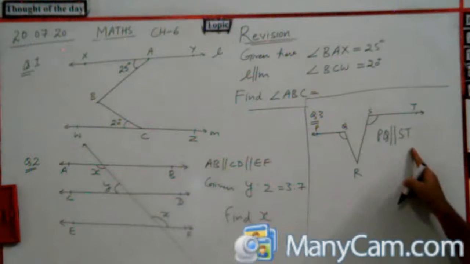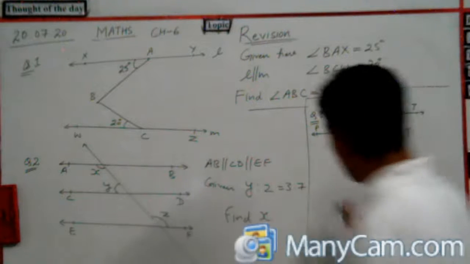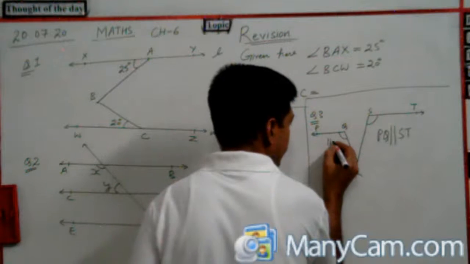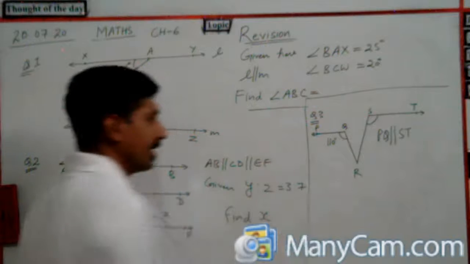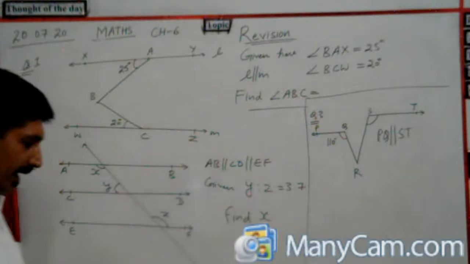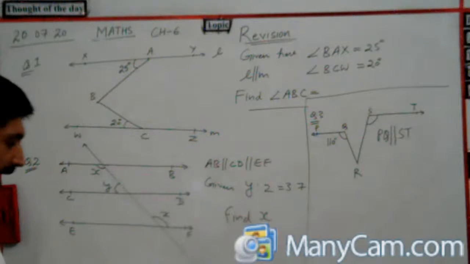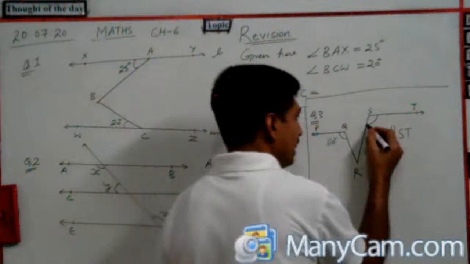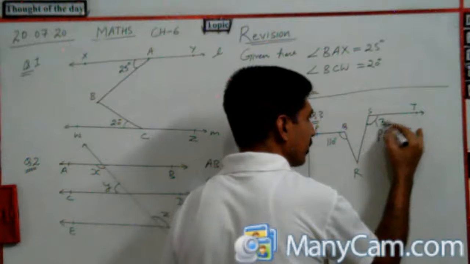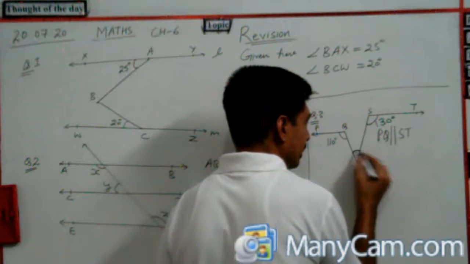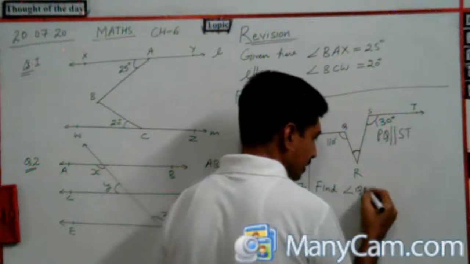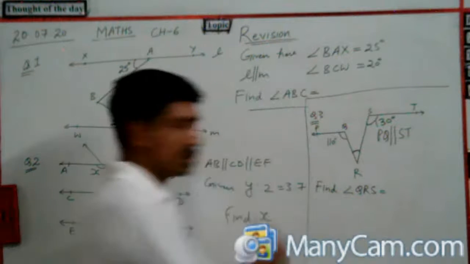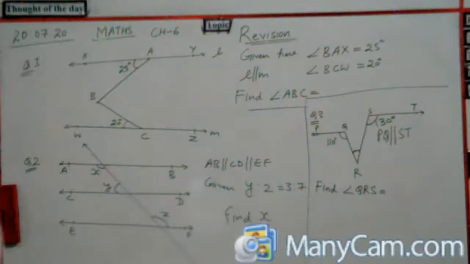And angle PQR is 110 degrees and angle RST, this angle, is 130 degrees. Find angle R, find angle QRS. So first let us complete these 2-3 questions, then I will switch over to the next question.